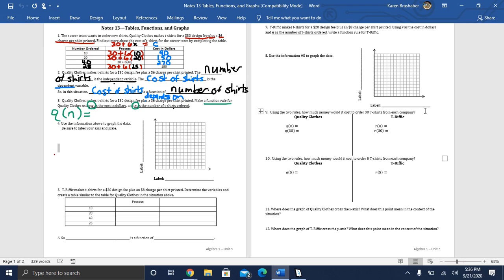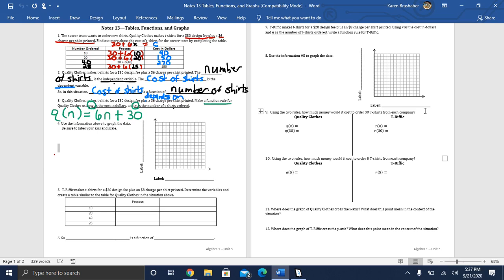So we've been taking 30 and adding to that 6 times our number of shirts. Now, I like to keep the variable first, so I'm actually going to do 6 times our number of shirts and then plus 30. So that's our function rule for calculating what we calculated in our table up above.